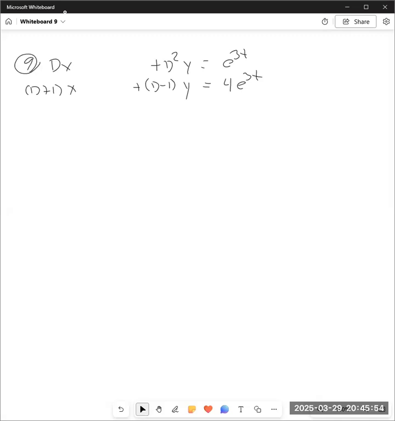So that's going to maybe make things a little harder for us towards the end of the problem. But let's go ahead and eliminate x here by using the differential operator d plus 1 in the numerator.